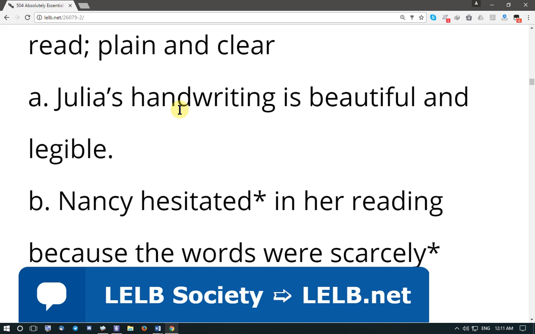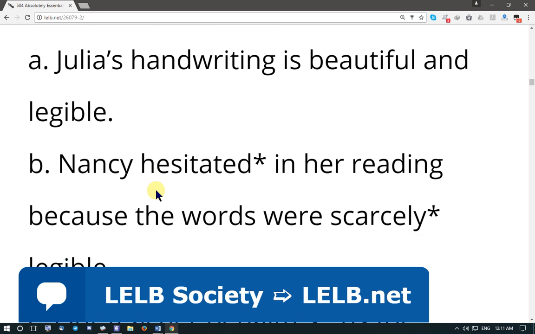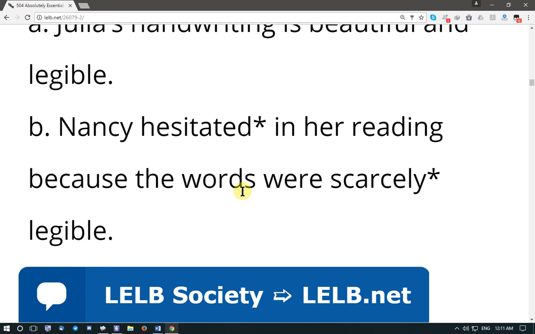Julia's handwriting is beautiful and legible. Her handwriting is clearly readable. Nancy hesitated in her reading because the words were scarcely legible. Because the words were almost illegible. Scarcely means barely, hardly.